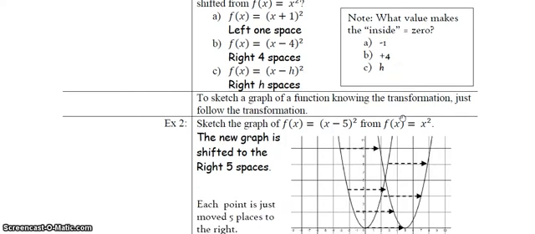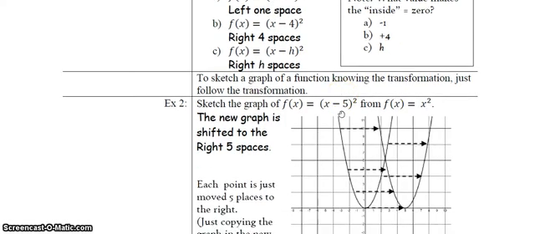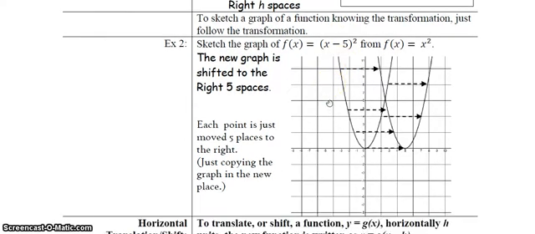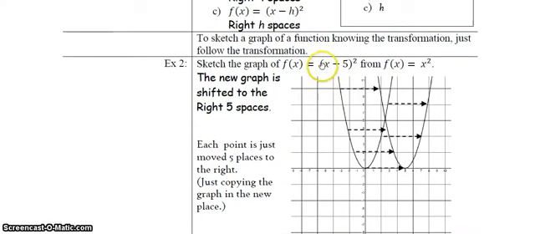Okay, so now to sketch the graph, if we know what the transformation is, all we have to do is move the points. So the x minus 5 quantity squared from x squared. Here's x squared. What's the transformation? What makes the inside 0? Exactly, 5. So we're going to move it to the right to the positive 5. Here's the original graph. Every point, I'm just going to copy that point over here, and all these other ones.